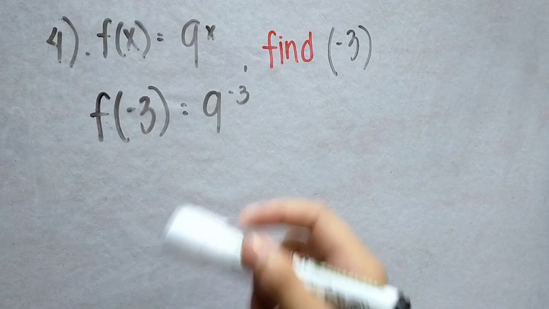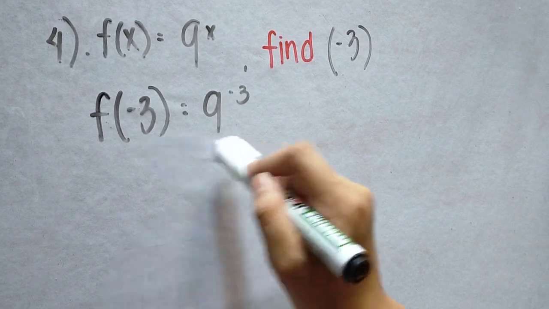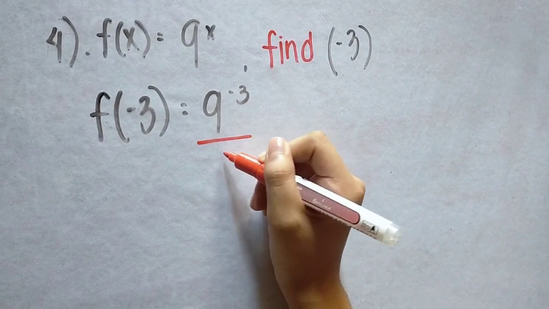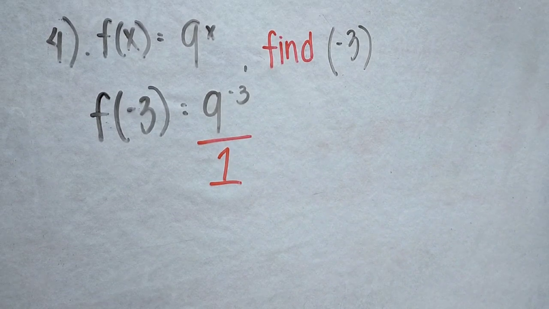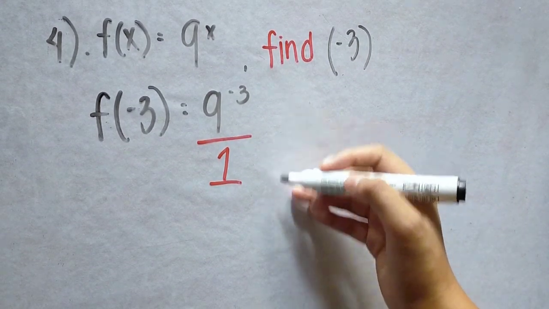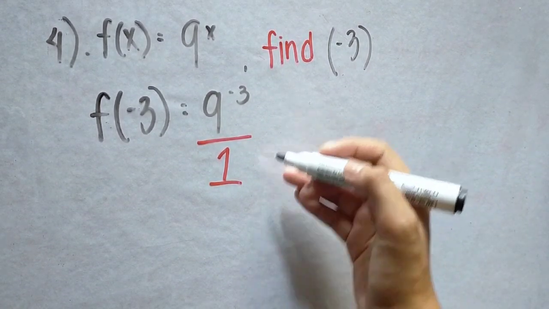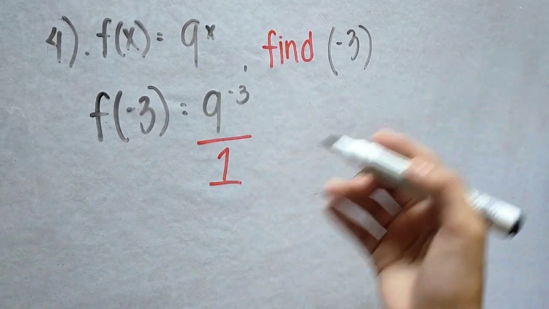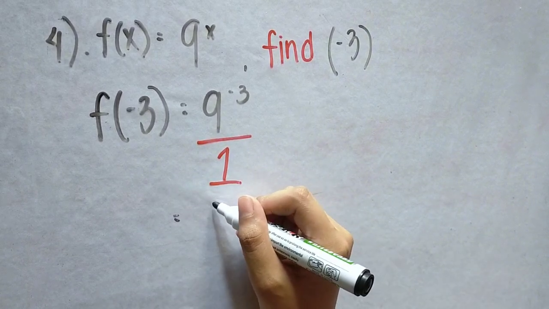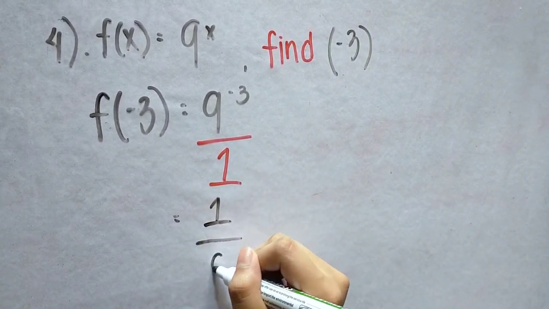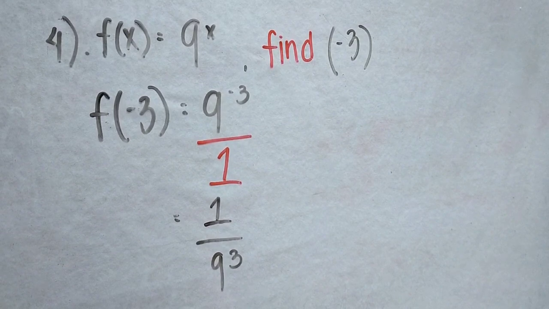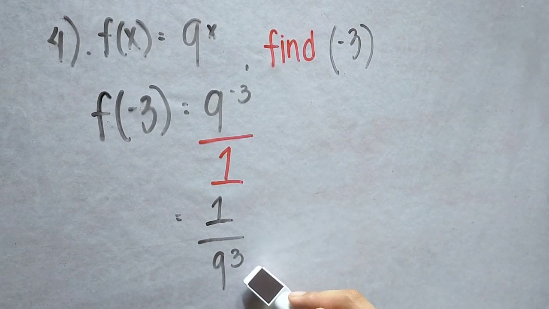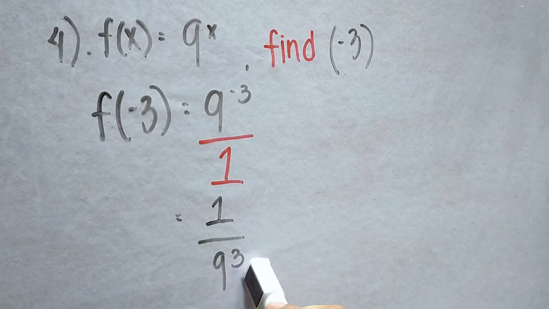So first, we all know na palaging may 1 yung whole number natin tulad nito. Pagbabaligtarin lang natin sila para maging positive yung exponent nito gaya nung ginagawa natin sa inverse function. Since nilipat nga natin sila, mawawala na yung negative ng exponent na 3.